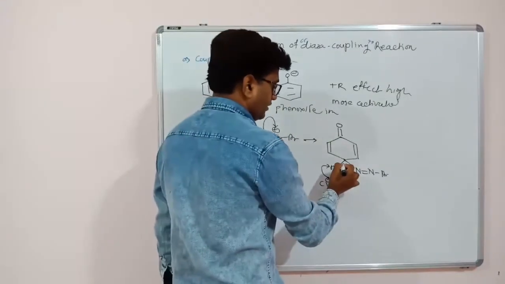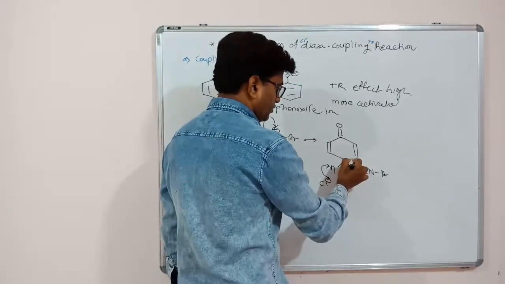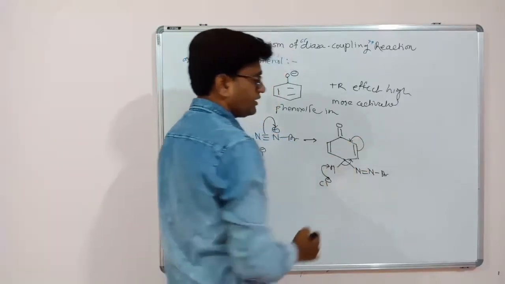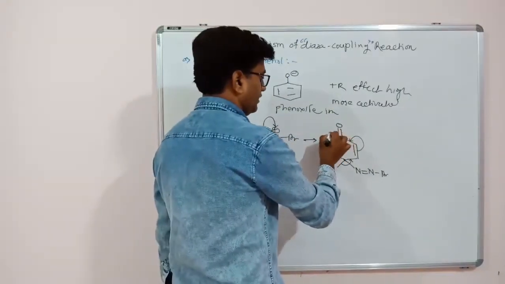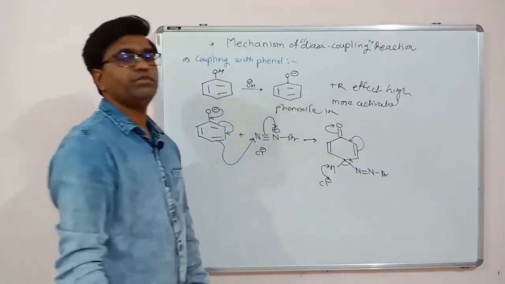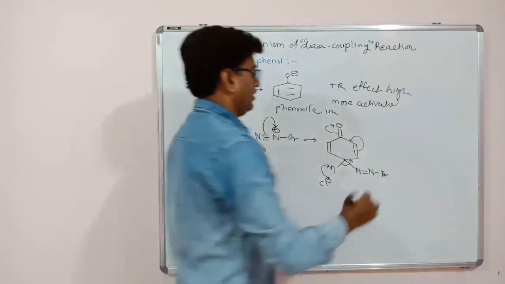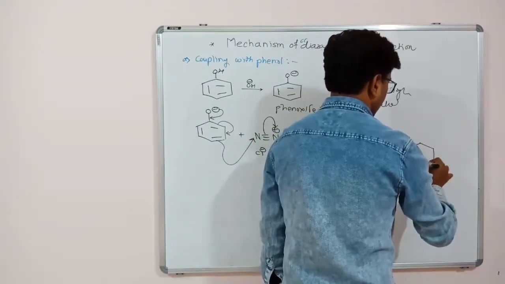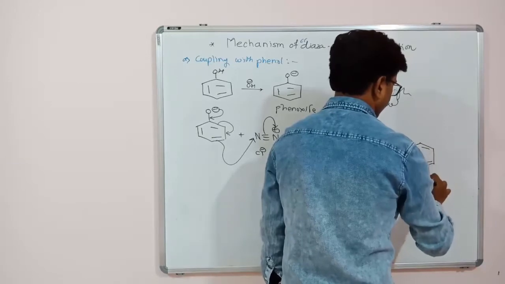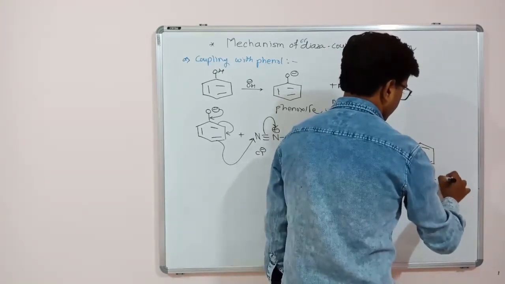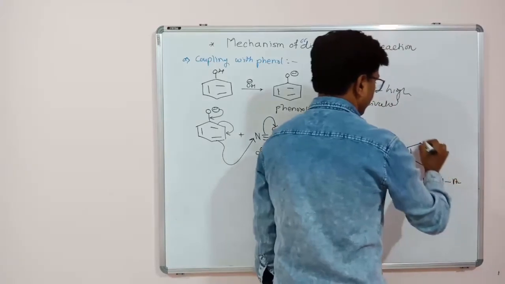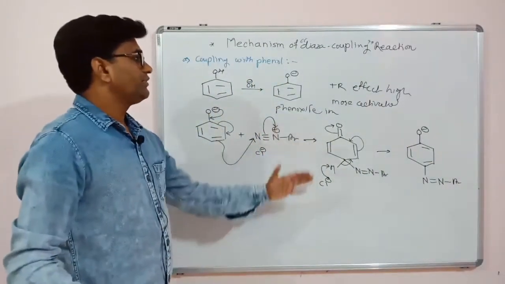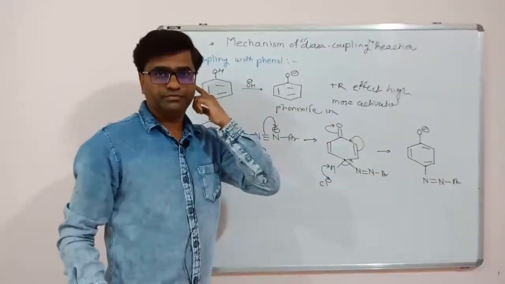So again aromatization: this bond will break, those electrons go over here, forming a double bond. This double bond will break, those electrons go over here, single bond to double bond, and again this double bond will break, forming the phenoxide ion. So we will get the azo substitution at the para position: nitrogen double bond nitrogen, Ar, and here is the phenoxide ion as it is. So in this way, this is the mechanism.